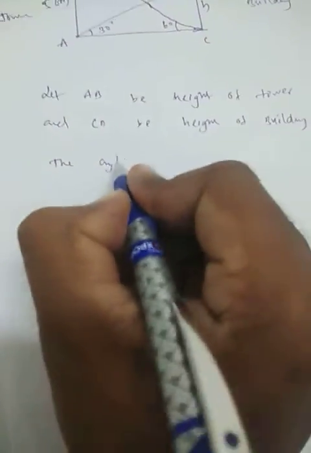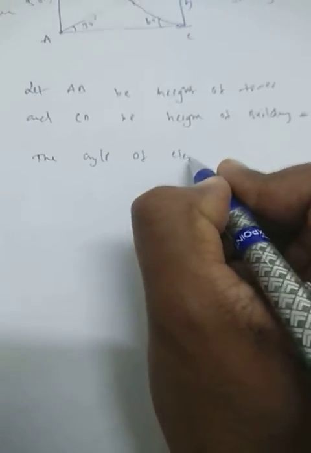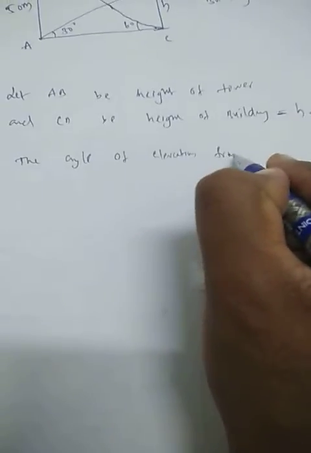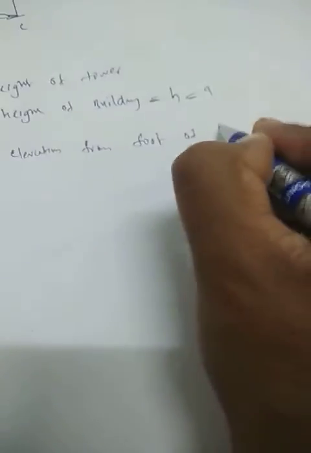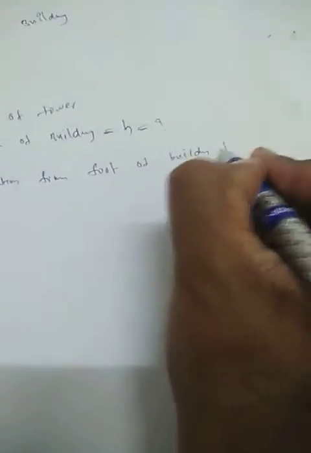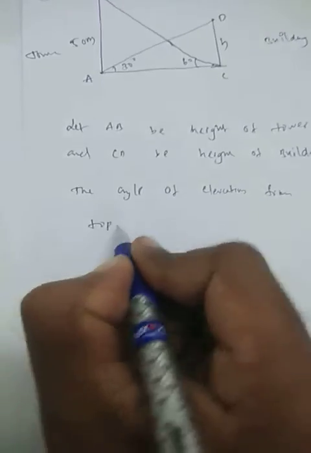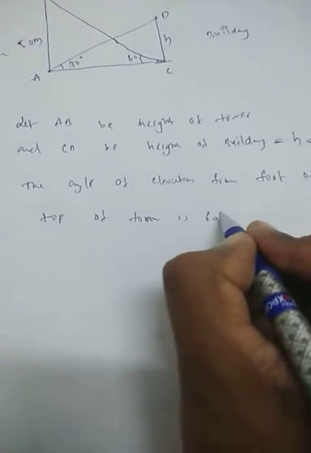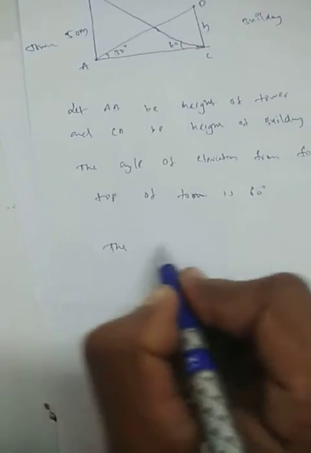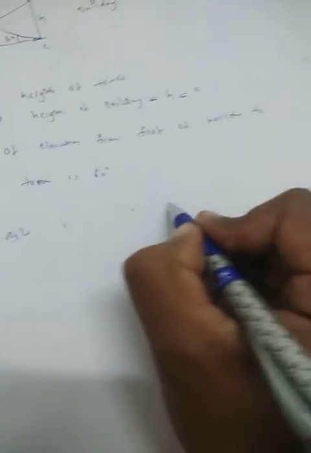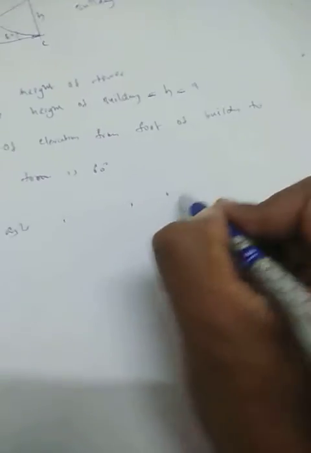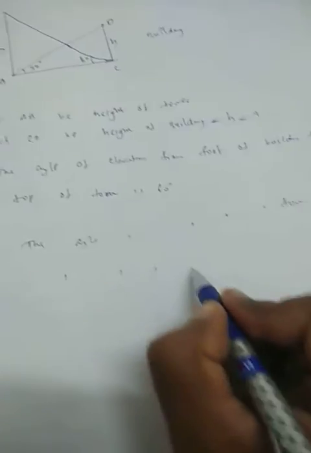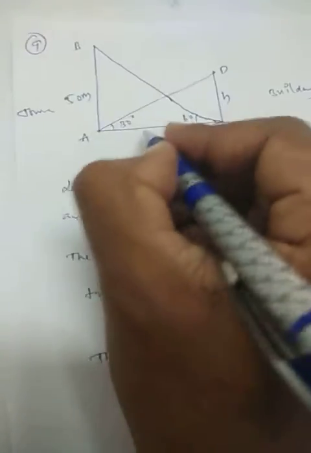The angle of elevation from the foot of the building to the top of the tower is 60 degrees. In a similar way, the angle of elevation from the foot of the tower to the top of the building is 30 degrees.